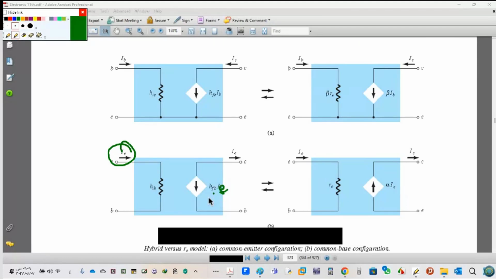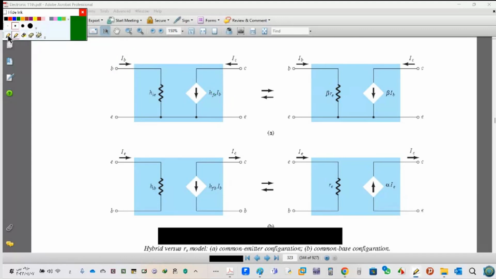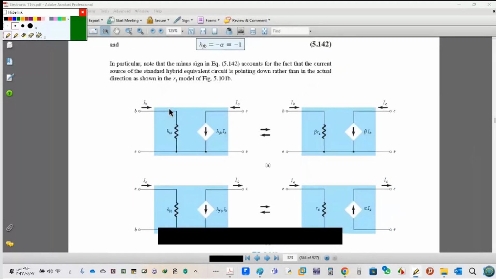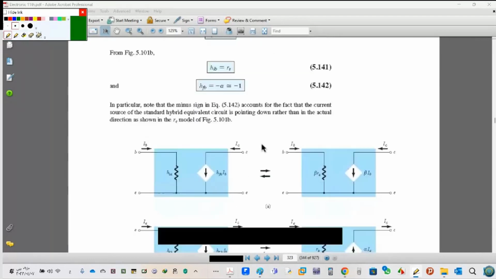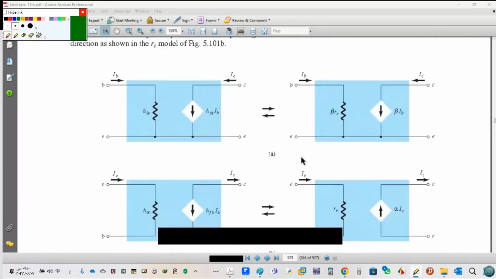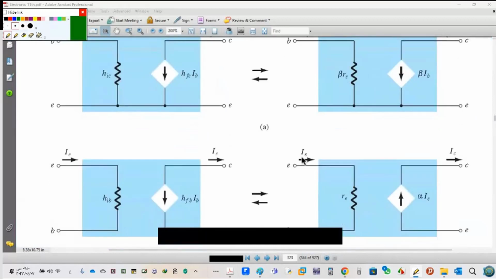Excuse me. Here is the input, so this is the input. Which page? Just a minute, Ahmed. This is wrong in your book. It is page 323. See this? It's the comparison.